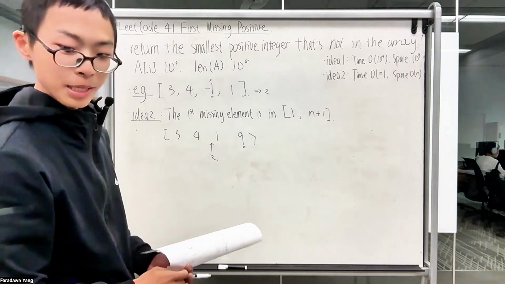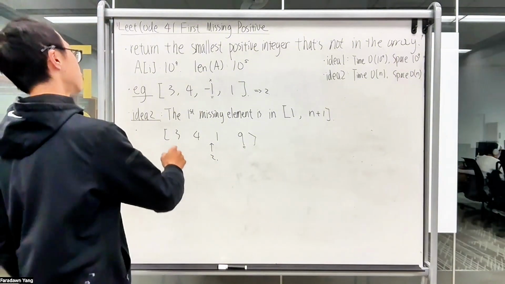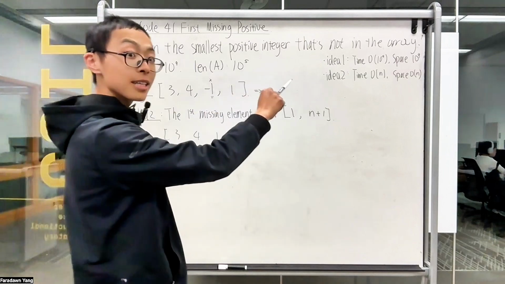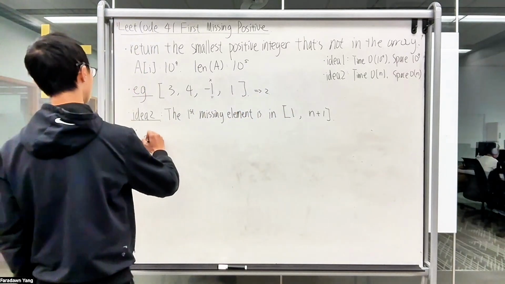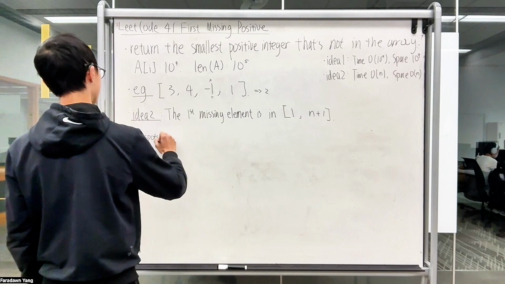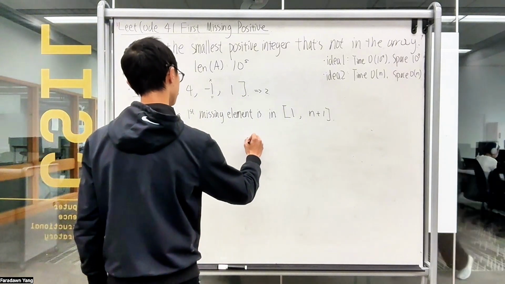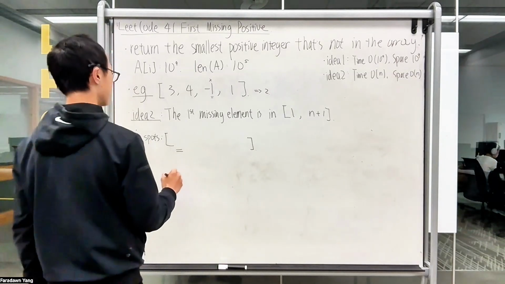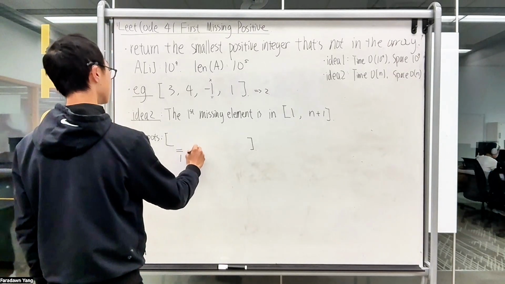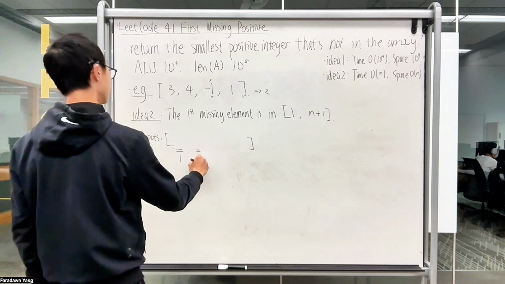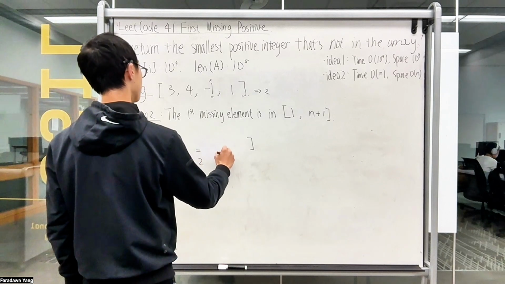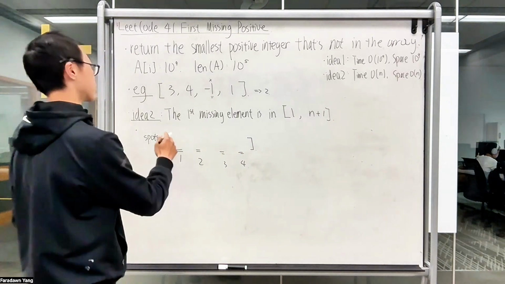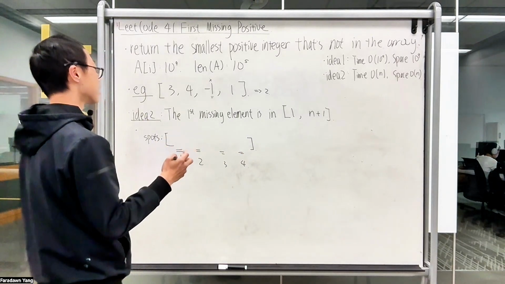Given this observation, can we shrink down our auxiliary array from 10 to the 9th? Let's define our spots array to be a length of just n. The first position will represent 1, the second 2, the third 3, and the fourth 4. Now, let's still use the two-pass method.